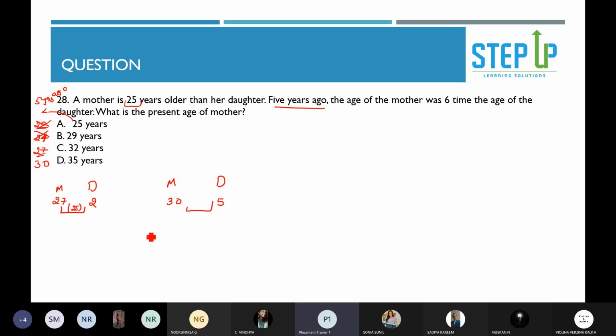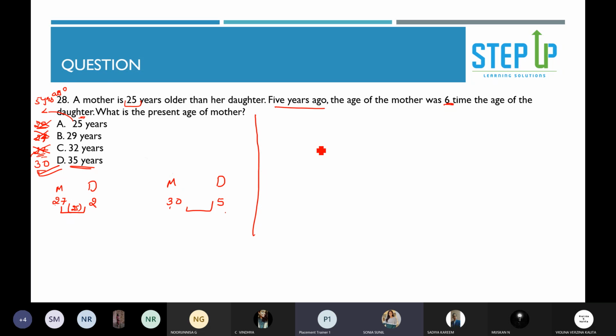So 5 years ago, the age of the mother was 6 times the age of the daughter. Is 27 six times of 2? No, ma'am. Option eliminated. Is 30 six times of 5? Yes, ma'am. That's your answer. So your answer is what? 35 years. All of you got it?